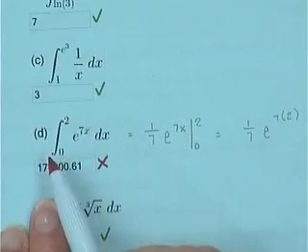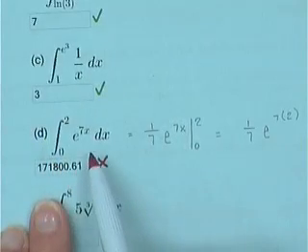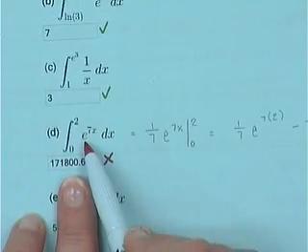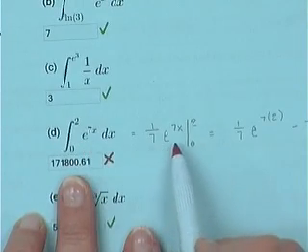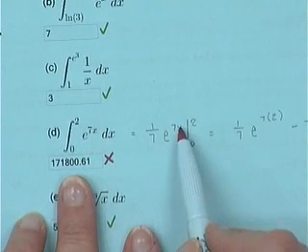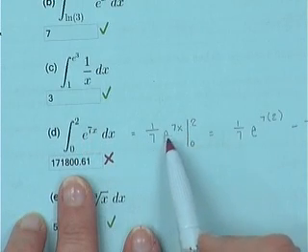All right. First one that I'm looking at is problem D, and this is from homework 12. And let's see what's happening here. Would everybody say if you integrate e to the 7x, you get e to the 7x times 1/7?